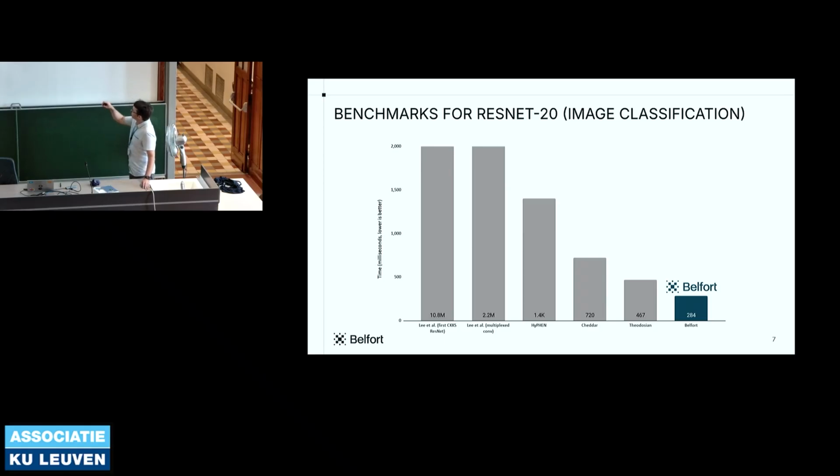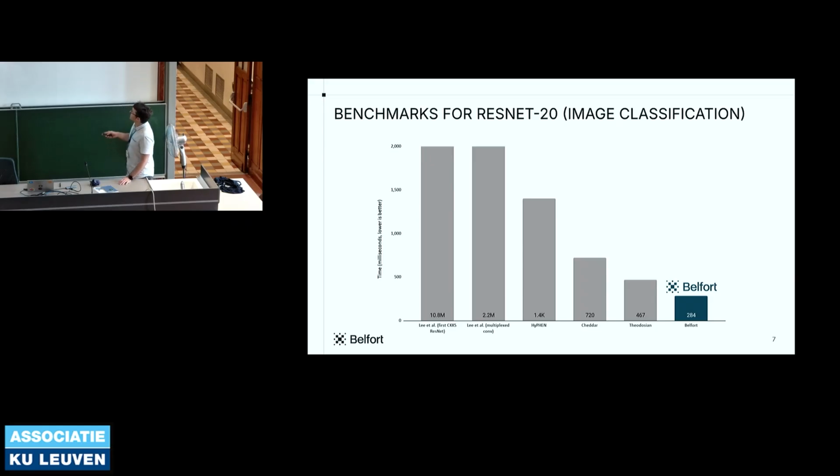Here you have ResNet. Who has heard of ResNet? ResNet is a benchmark image classification neural network. We're talking here about ResNet 20, meaning that it has 20 layers. It was a breakthrough model maybe 10, 15 years ago, and it's been used as a benchmark because it was one of the first models doing image classification and giving pretty good results.